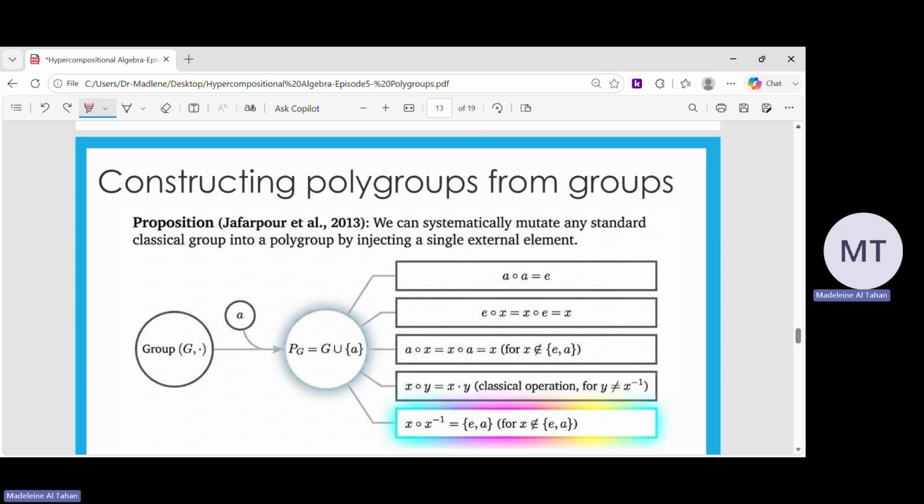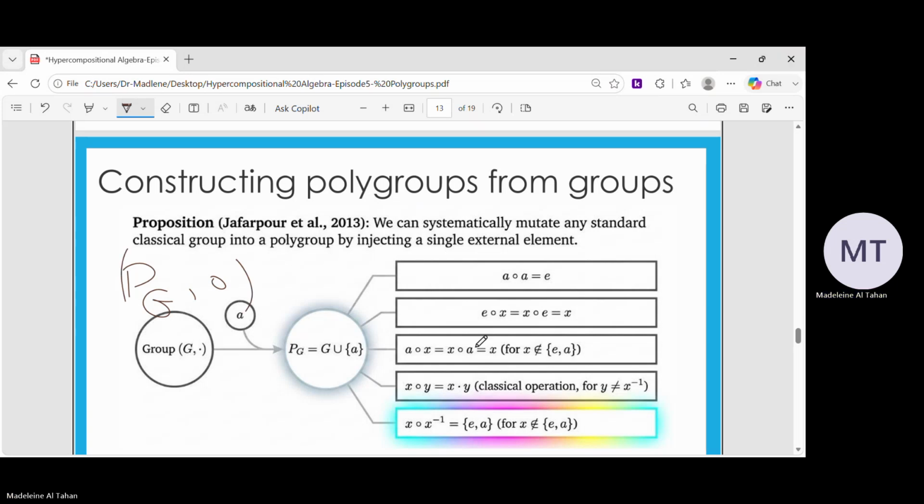Now we have PG with this hyperoperation. Of course, E will stay the identity, so E with the new hyperoperation with X stays as X. And A with X as well is X if X is not E and not A. A with A is E.